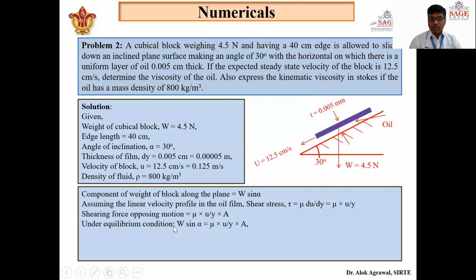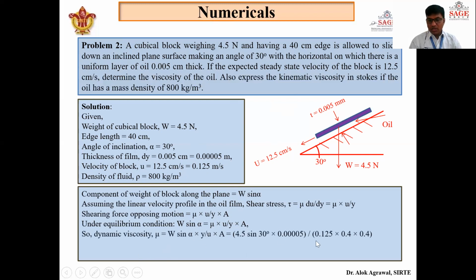Now substituting the values of W, alpha, and mu, which we have to calculate, u is 0.125 meter per second, y is given as 0.005 centimeter thick, so y will be 0.00005 meter, and area will be the face which is in contact with the oil, that is 40 centimeter into 40 centimeter, that is 0.4 meter into 0.4 meter.